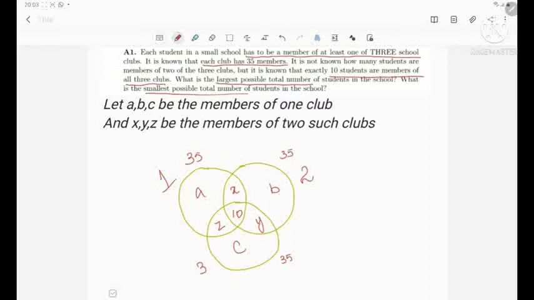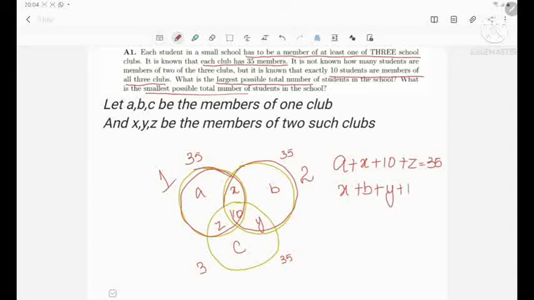So we are given that all the 3 clubs have 35 students. So counting the first circle, we have A plus X plus 10 plus Z is equal to 35. Again, counting the second circle alone, we have X plus B plus Y plus 10 is equal to 35.